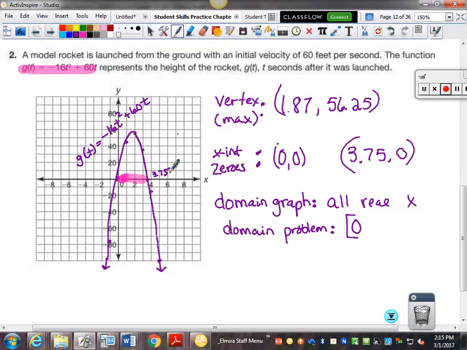No, it did not. At that point, the problem stops. The function would graph forever, but the problem stops at 3.75. Okay, gosh, those numbers look awfully familiar. Yes, they do. They are related to your intercepts.